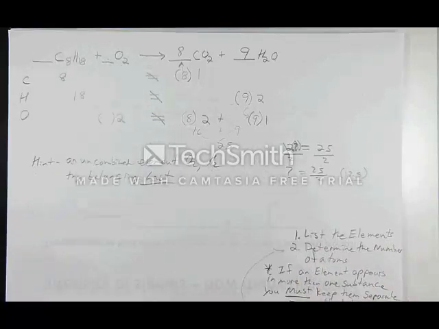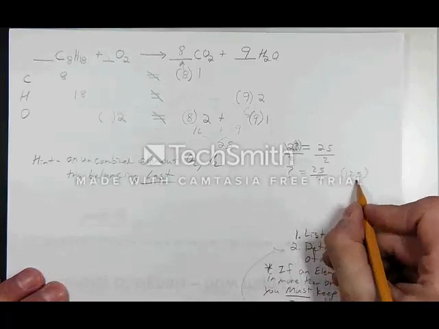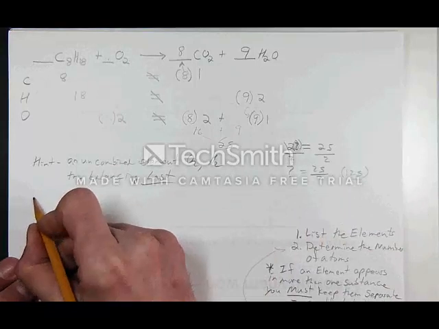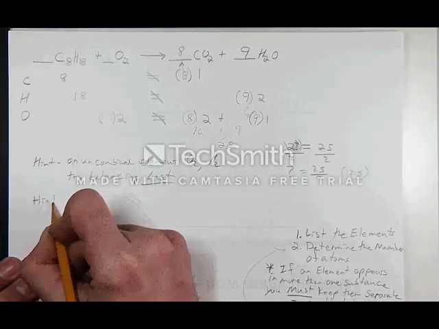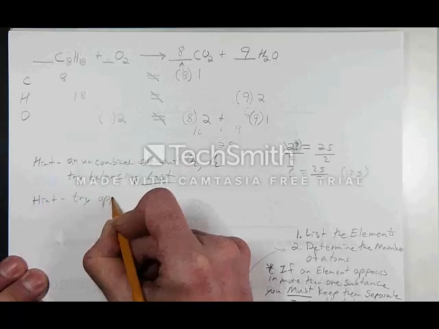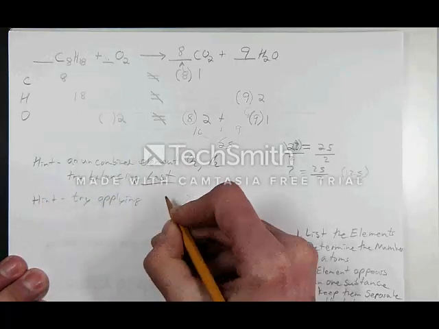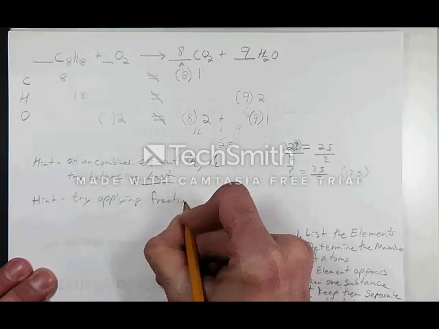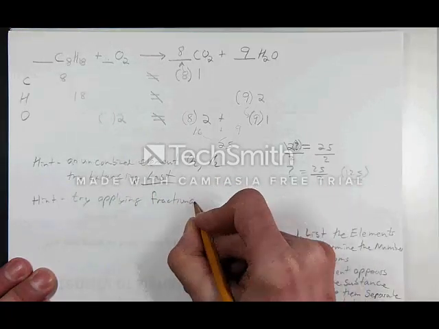You either have 1, or you have 2, or you have 3, or you have 25, but you cannot have 12.5. So here's another trick or hint. Try applying fractional coefficients.